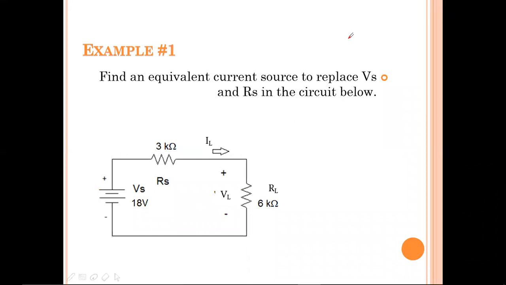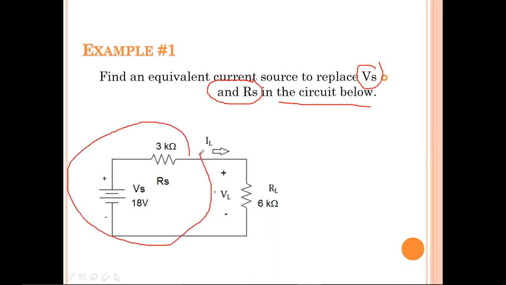Find an equivalent current source to replace Vs and Rs. Please note this is Vs, the supply voltage, and Rs in the given circuit. So observe this Vs, you should replace it with Is and Rs. So this is the problem.